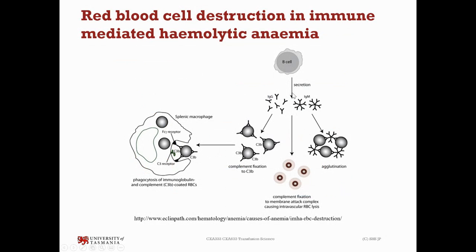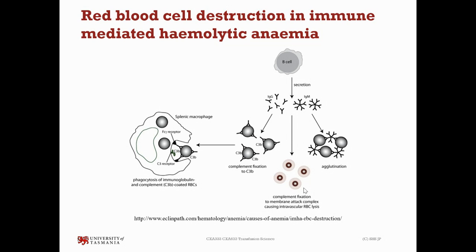Our IgM antibodies here are able to fully agglutinate our cells in vitro, and in vivo they're able to fix complement to the membrane attack complex stage, causing intravascular red cell lysis.